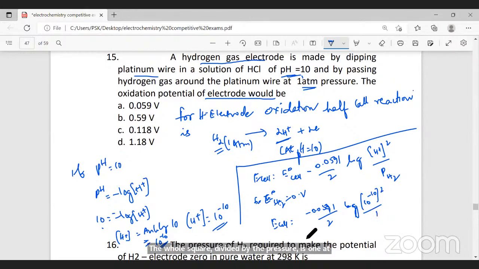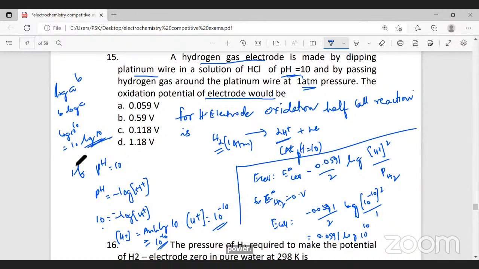So on simplification, we will get 0.0591 log 10 to the power 10. See, the base is the same, and the other one is the same, so the value will be 10. You can write log A to the power B as B log A. So log 10 to the power 10 can be written as 10 log 10.